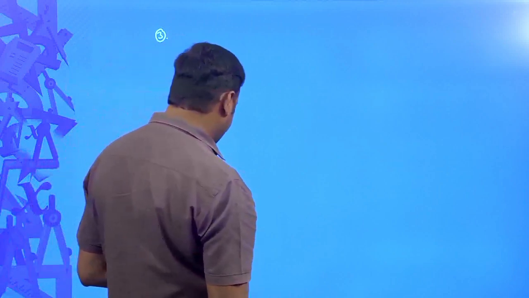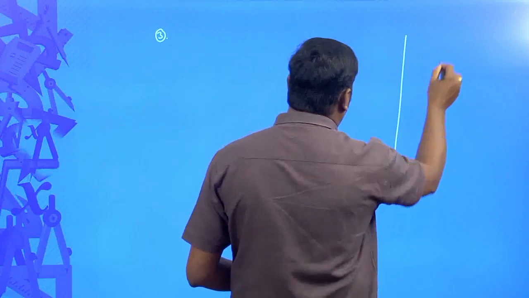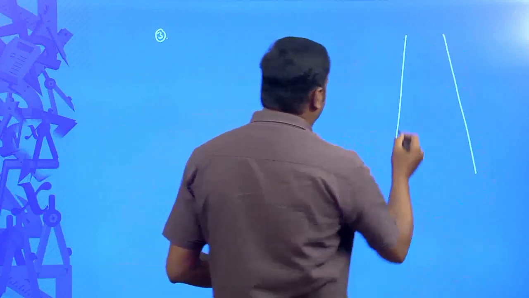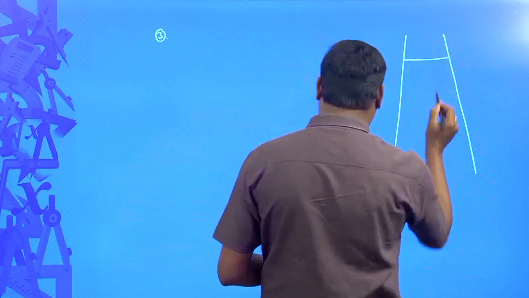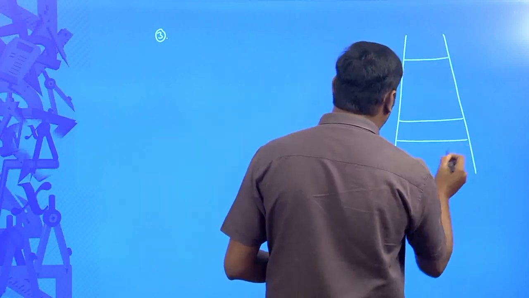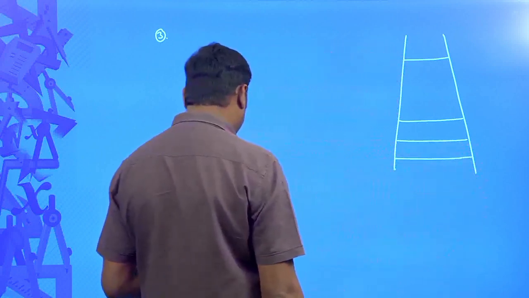Here the problem is given as: a ladder has rungs 25 centimeters apart. See, this is the ladder that I am drawing. In this ladder there are some rungs given. This is one rung, and these are some rungs given like this. In this particular problem, what is the given information?